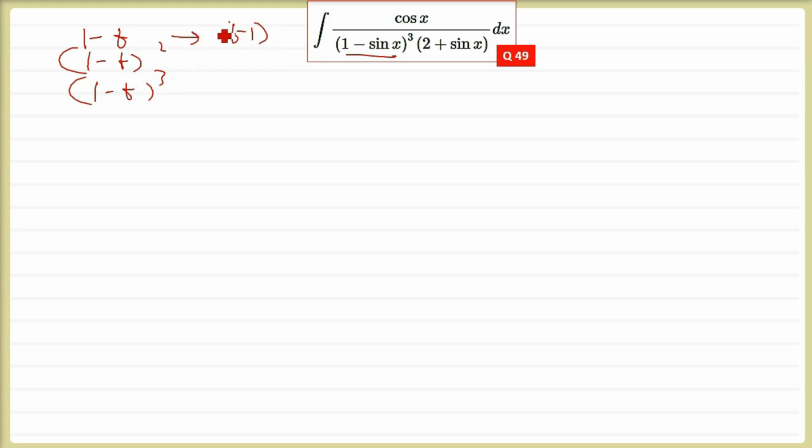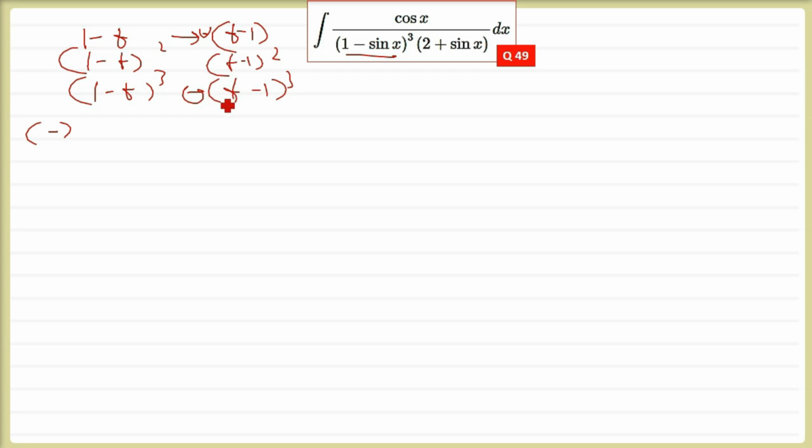So 1 minus t, you can write t minus 1. For that you need to have a negative outside. (1 minus t) whole square, (t minus 1) whole square remains the same. But (1 minus t) whole cube, if it is written as (t minus 1) whole cube, then you ought to have a negative in front. So the negative for two of the terms can come out, and then you can replace this 1 minus sin x by sin x minus 1 everywhere.